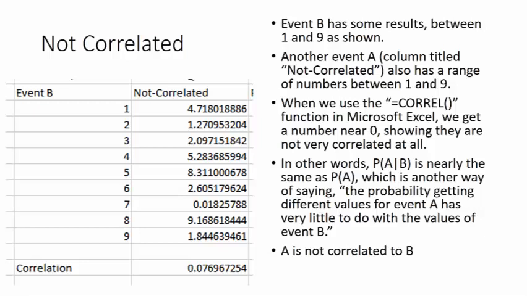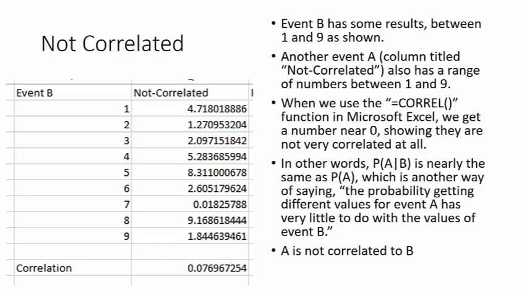So when we use the Excel function CORREL, or C-O-R-R-E-L parentheses, that's in Microsoft Excel, you'll be asked to choose which two columns of data or which two groups of data you want to see if they're correlated or not. So when I type in equals CORREL, begin parentheses, then I can select all the values in event B, put a comma in there, and select all the values of that second column, the not correlated column, and we can go ahead and calculate that correlation.